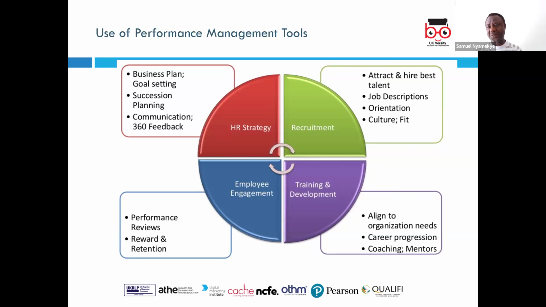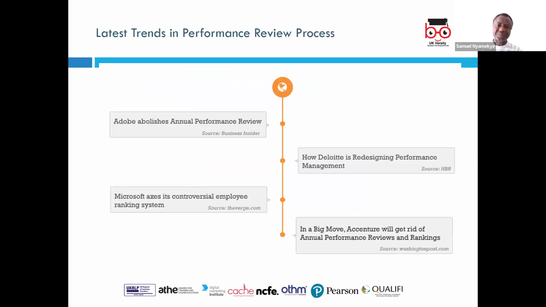And it also helps you to identify the culture of the organization and how people can fit in. So that is very important. We are saying that this is extremely important. Continuous review of the processes and other things, very, very important.